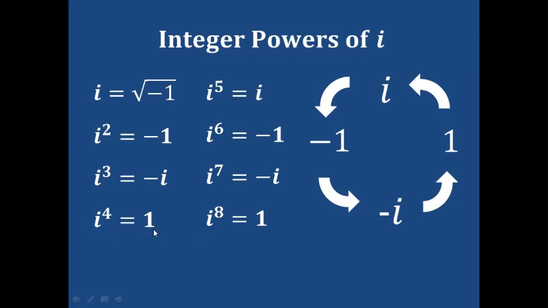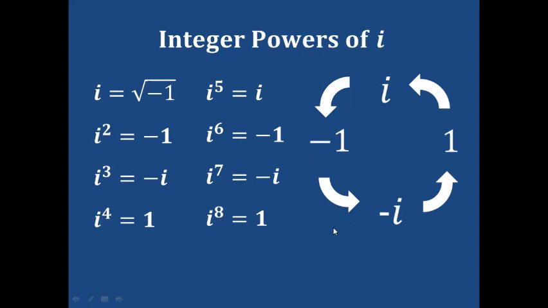So i to the power 4 is 1, i to the power 8 is also 1, and likewise, even if we consider i to the power 12, we're going to get 1 as well. So if we know that, then we can use a multiple of 4 as a benchmark. And then from there, we can just consider what the exponent of i should equal based on the values that we have here.